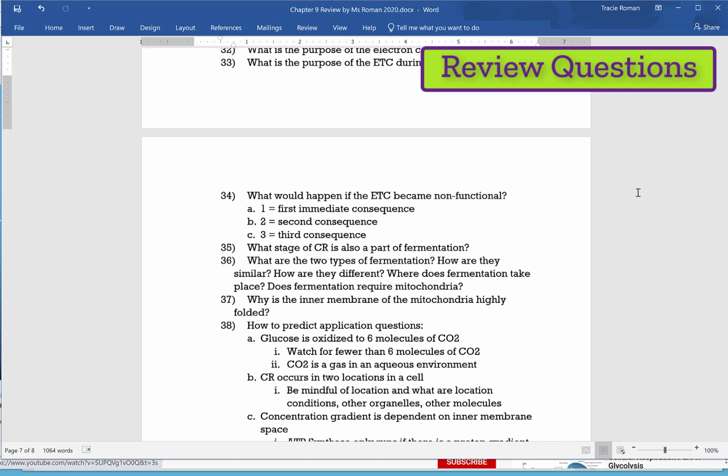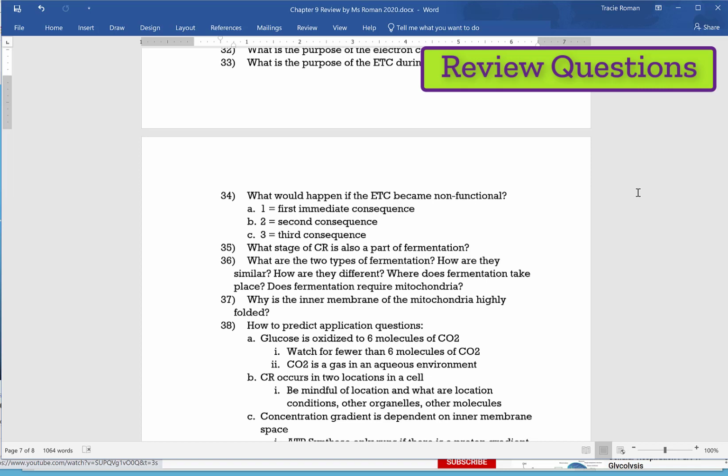Then a second consequence: the proton gradient would eventually run out because the protons would just keep moving by diffusion back into the matrix. The gradient would start to decrease, moving towards being isotonic. And if we don't have the proton gradient, then ATP synthase is not functioning, so we would stop making ATP.